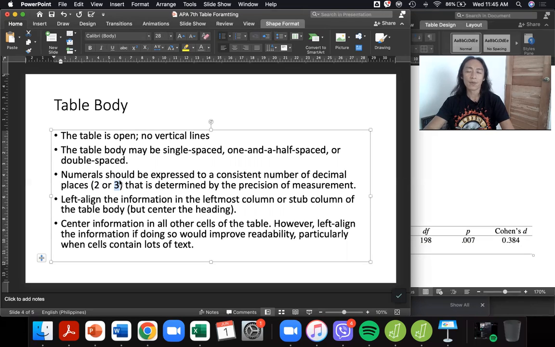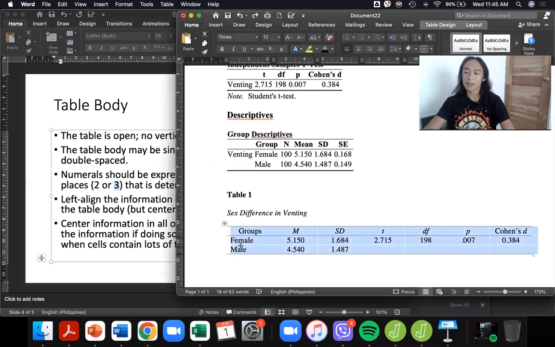The choice of 2 or 3 depends on the level of precision that is necessary for the measurement. In the current example, I used 3 decimal places, and you will notice that I am consistent throughout the table. So 3 decimal places for the mean, the standard deviation, the t-value, the p-value, and the Cohen's d.